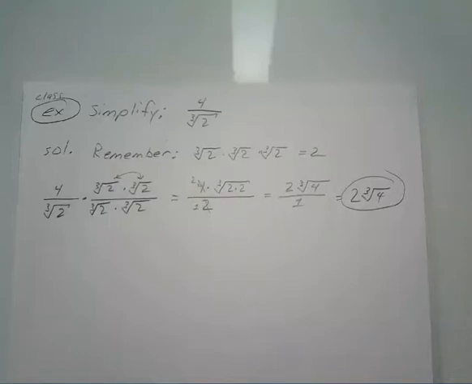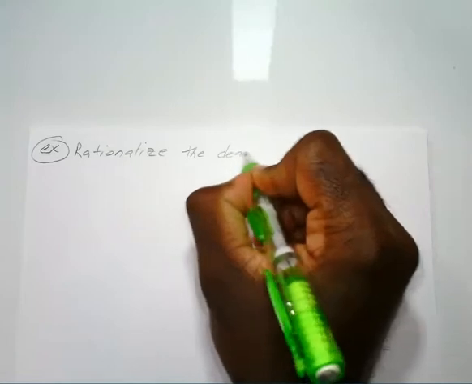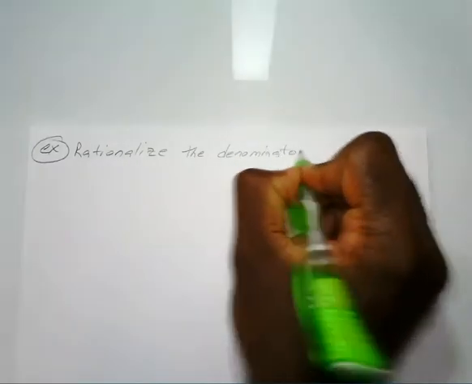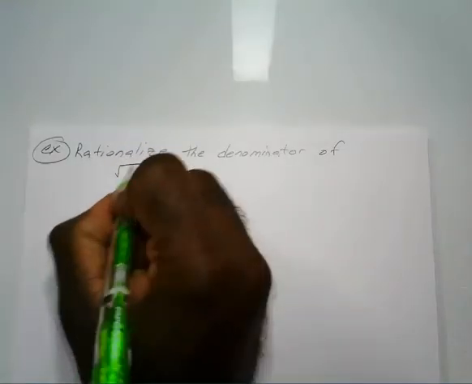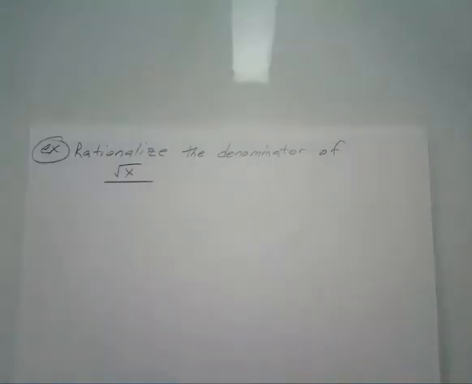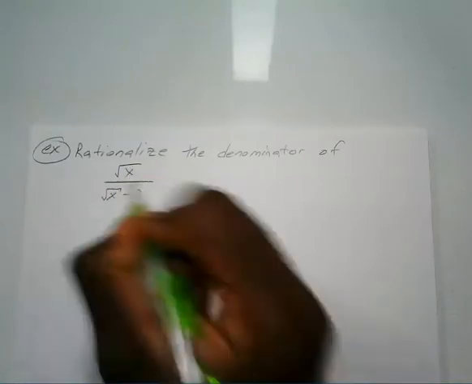Alright, so let's do another example. Say you want to rationalize the denominator of, say, square root of x over square root of x minus 3.